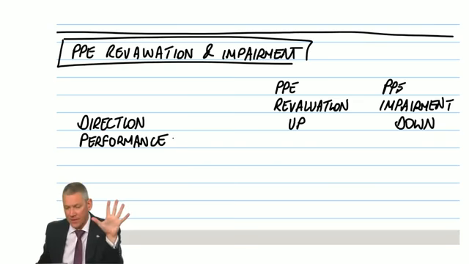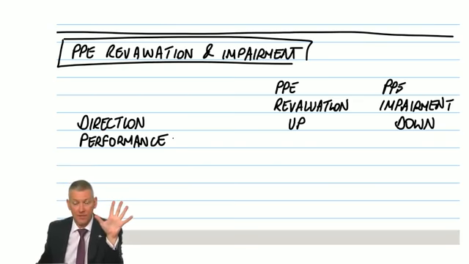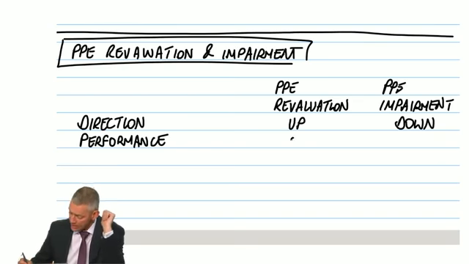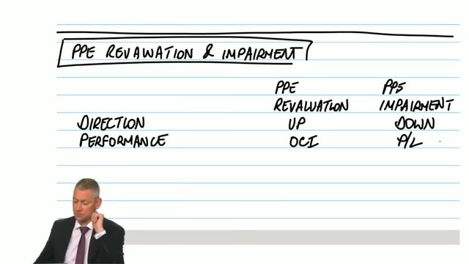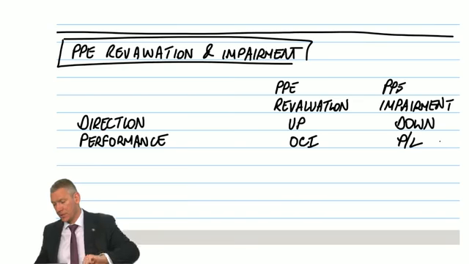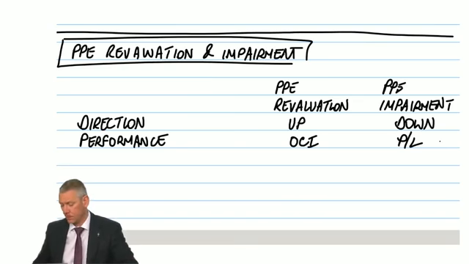There are 5 things that go through the OCI. The 5 things are HEAPS, which is hedging, exchange, actuarial, and PPE revaluation. PPE revaluation goes through the OCI, whereas impairment doesn't, therefore it defaults through the P&L. So that's just a learning thing. PPE revaluation goes through the OCI. So going up goes through the OCI, going down goes through the P&L, because that's the law.